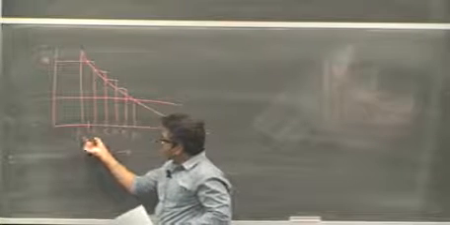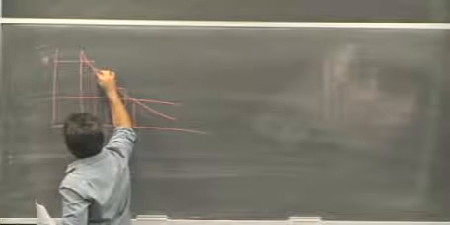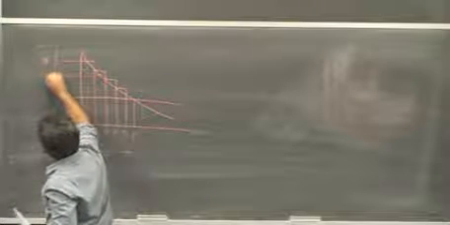So this is my R1, R2, R3, R4, and the midpoint is just the average of R naught and R1. At this point, I plug this point in the potential. This will give me U1. Similarly, from here, I get U2.